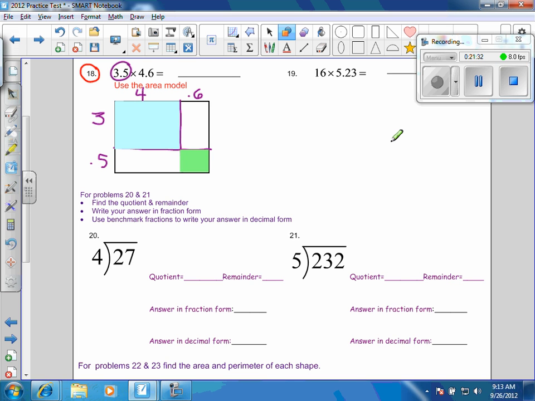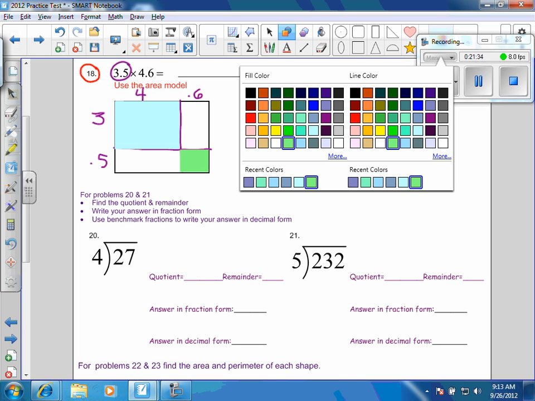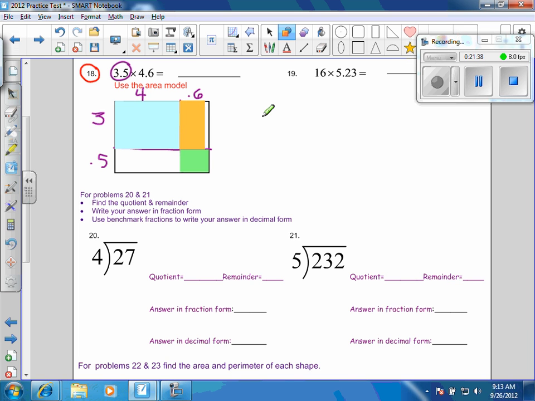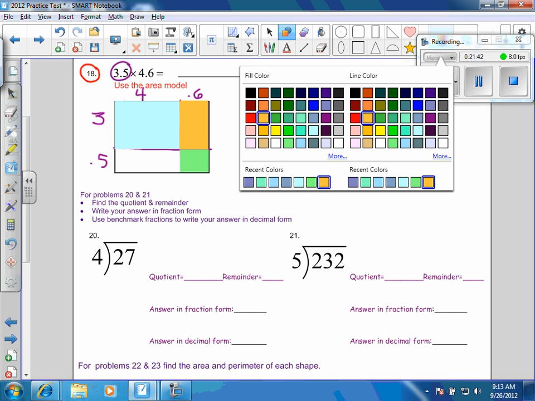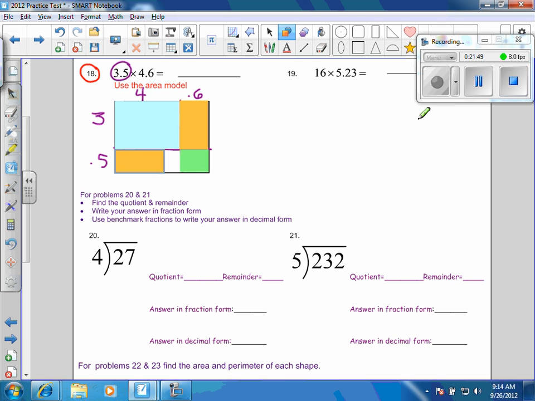So you're looking for the different rectangles, so you can see that there's 4 values that you're actually trying to find. Oh, that one's kind of ugly. But anyway, there are 4 different values. So it's 4 multiplication problems.